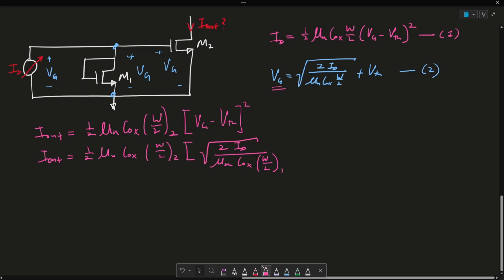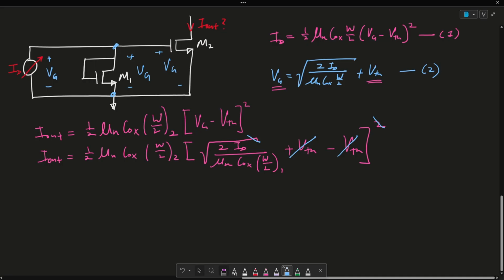Because this VG was derived from my first transistor, M1. And then we're left with a plus VTH. Again, that's still part of this VG, minus VTH, which comes from over here. And then we close that out, and then we square it. We can already see that VTH here cancels out with this one. The square symbol cancels the square root out.